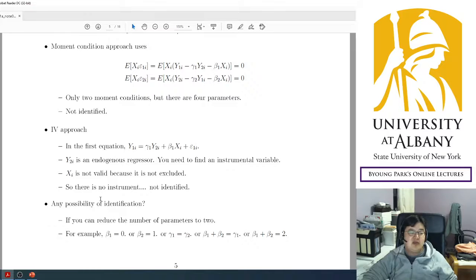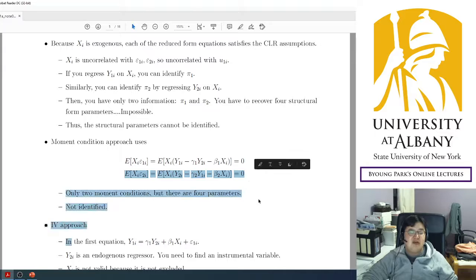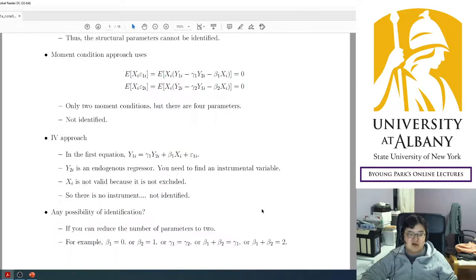Finally, is there any possibility of identification if you can reduce the number of parameters to 2? The main problem here was you have two equations, two moment conditions, but 4 parameters. If you can add 2 restrictions on the parameters, and reduce the number of parameters to 2, then there is some hope. That's also intuitive.